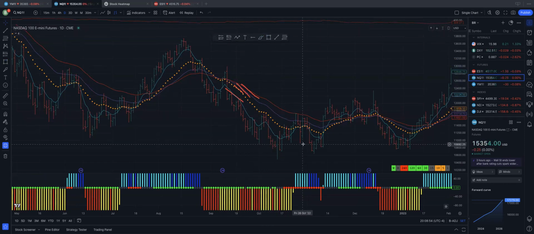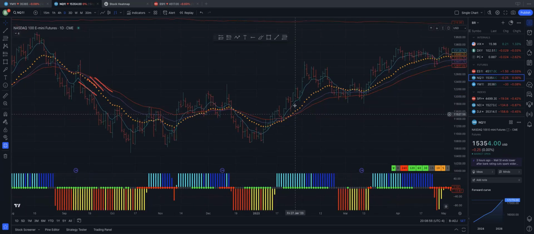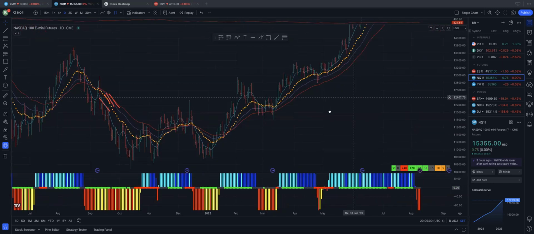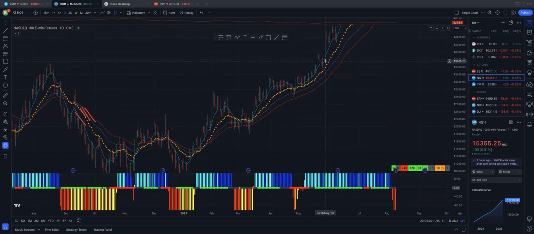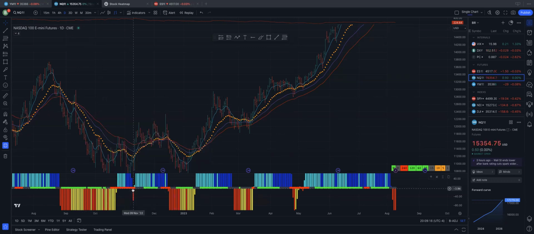Okay, so uptrend is when the moving averages are stacked like this: 8 on top of the 21, on top of the 34, on top of the 50. Downtrend is the 8 is below the 21, which is below the 34, which is below the 50. And if you guys have questions, drop them in the chat and I'll answer them as best as I can.